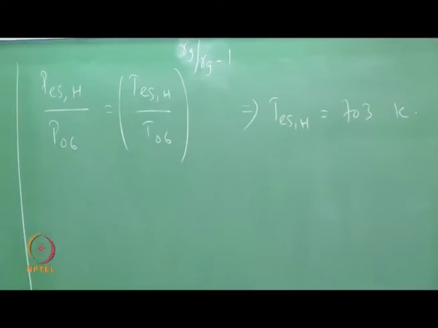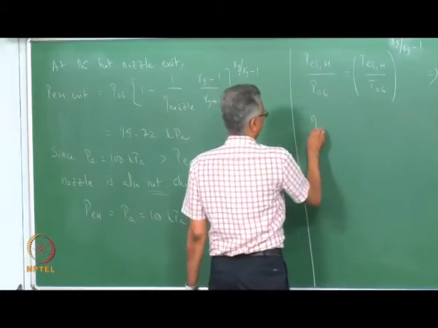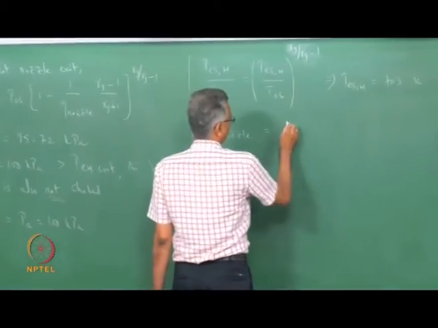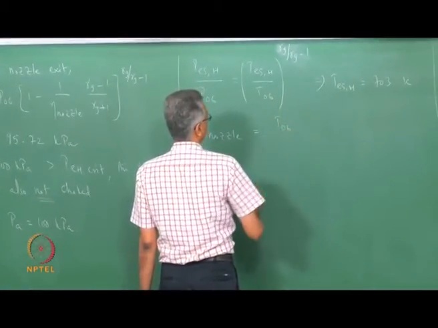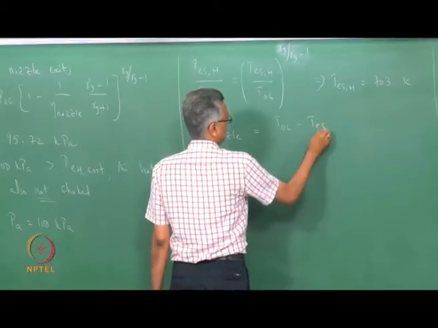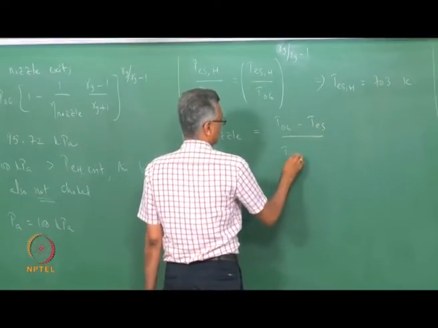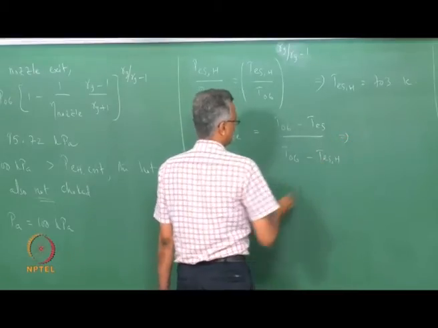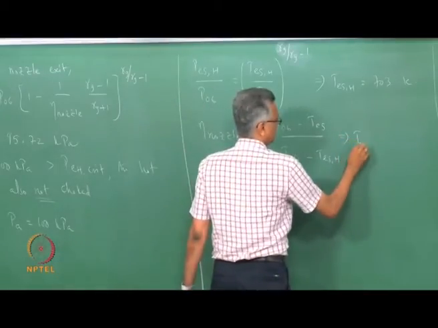This is correct, is it? 703, okay. So, the efficiency of the nozzle, if you remember, is T06 minus TEH divided by T06 minus TESH. From this I can calculate my TEH.